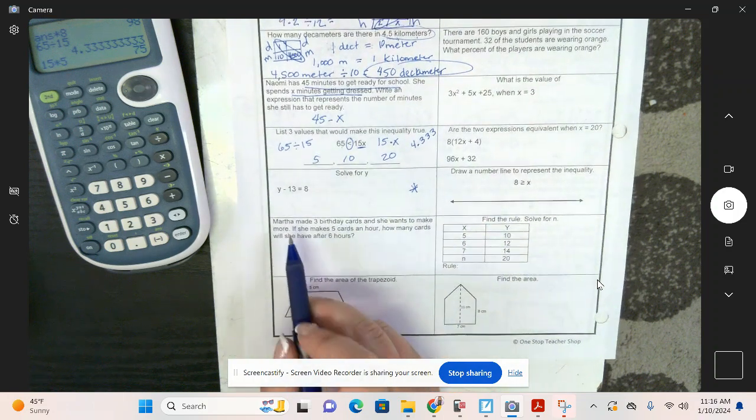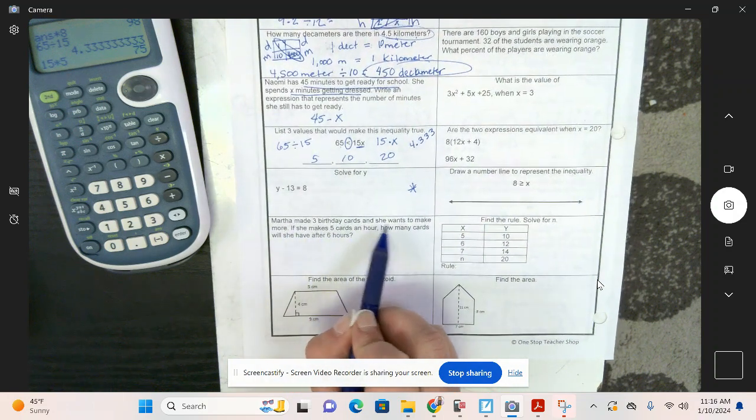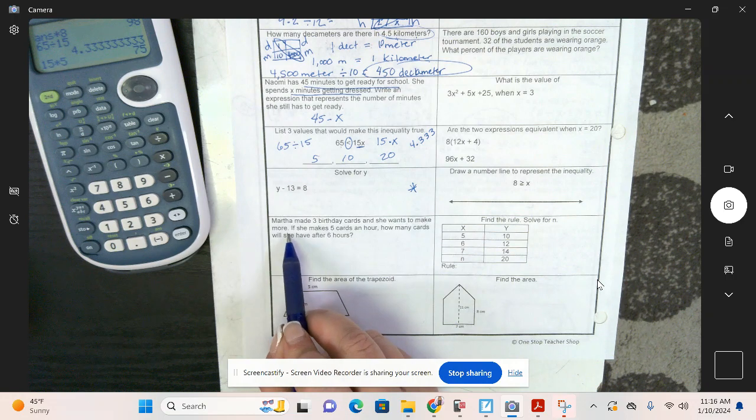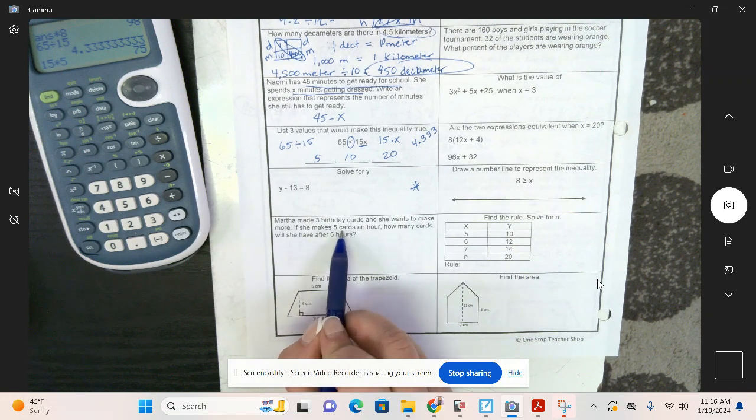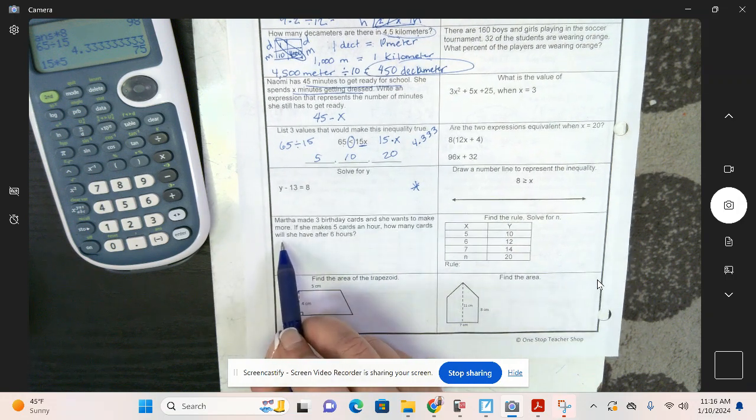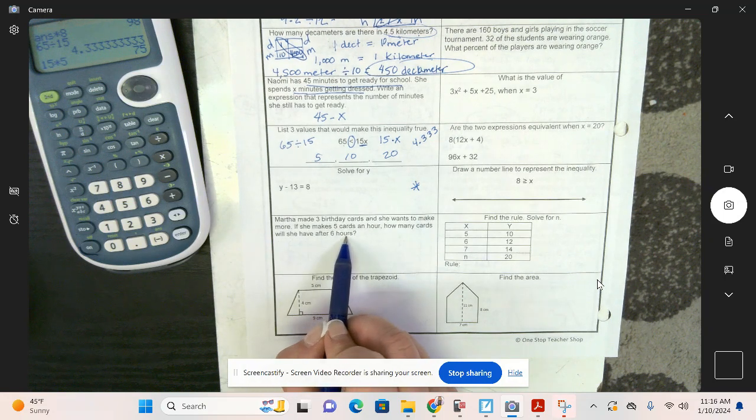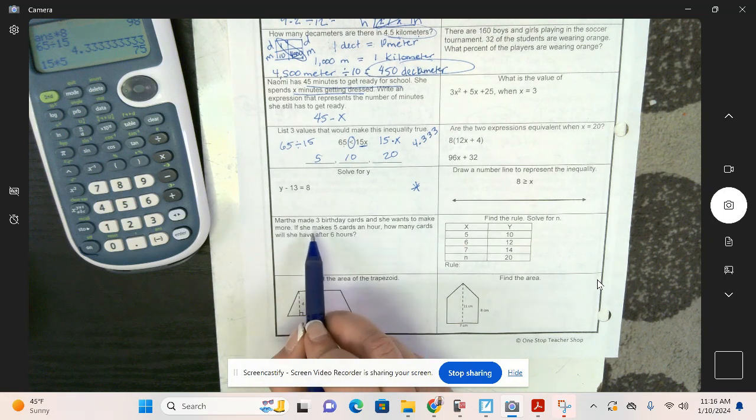The next one says Martha made 3 birthday cards and she wants to make more. If she makes 5 cards an hour, how many cards will she have after 6 hours? Let's reread that again.